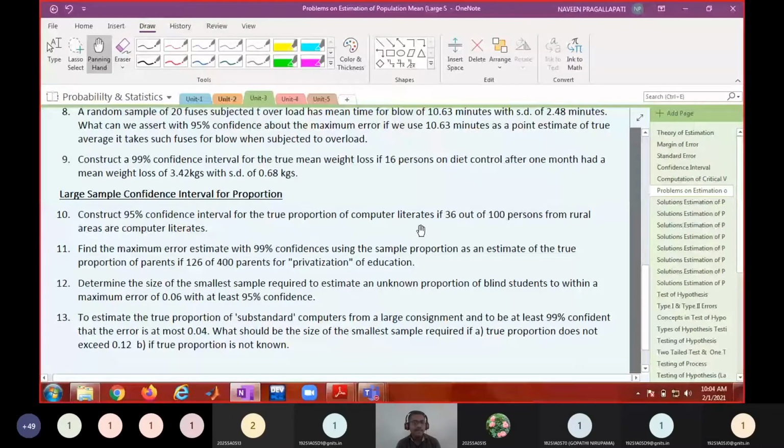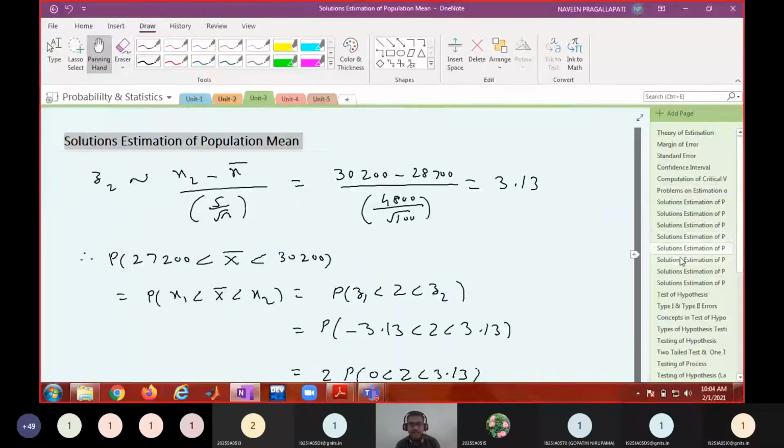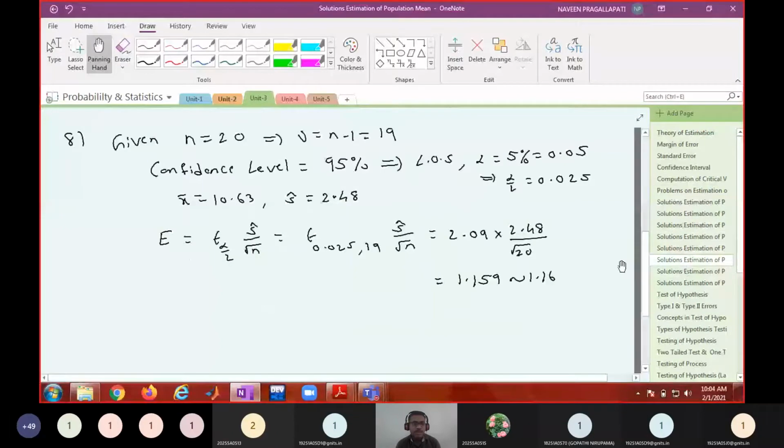So the 95% confidence interval is given. How do we do this problem? Problem number 10: given x equal to 36, n equal to 100.